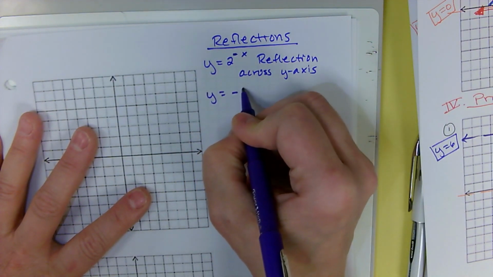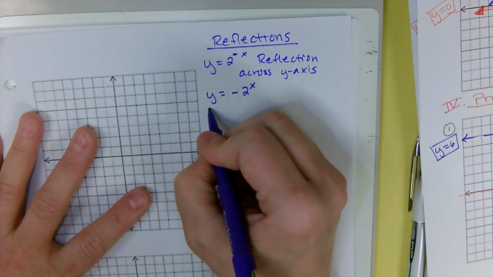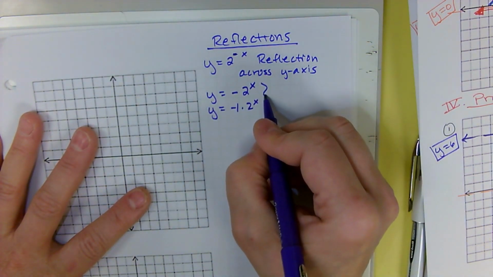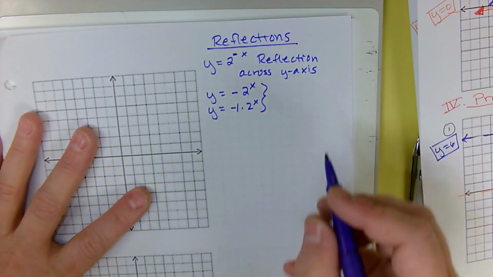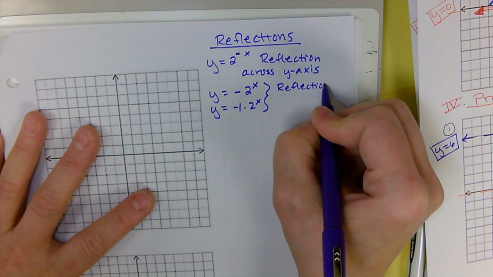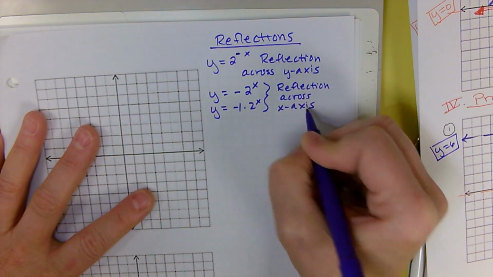If there is a negative in front of the whole equation, or a negative 1 times 2 to the x, either one of those, that is a reflection across the x-axis.